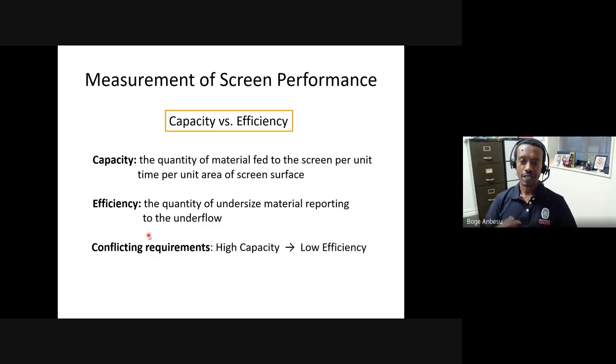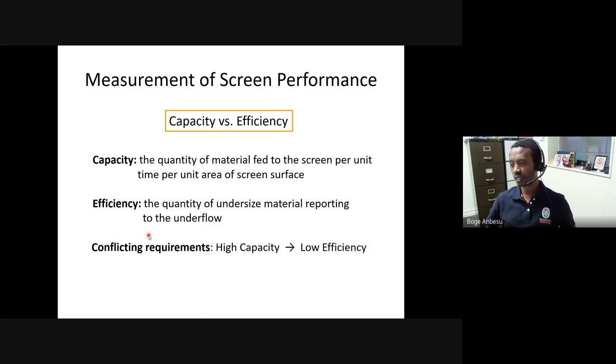Obviously, when you try to maximize efficiency, the capacity of your screening operation may suffer. We want to screen a lot of material, but at the same time, if we want it to be efficient, those two don't go together. When you increase capacity, usually efficiency decreases. Or when you reduce your capacity for the same screen, the efficiency usually is higher.